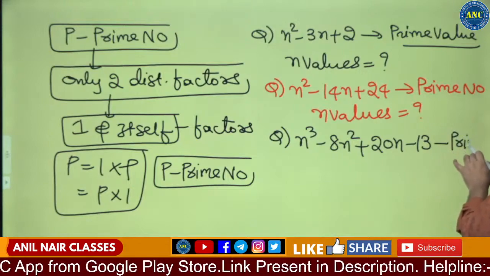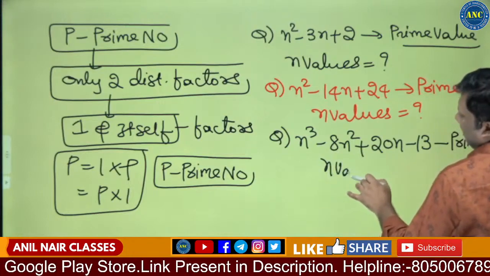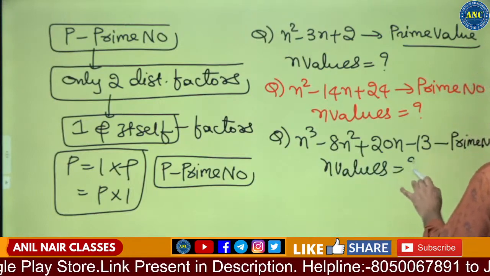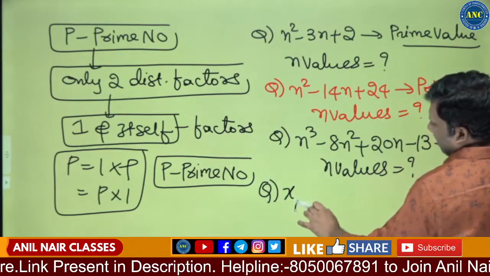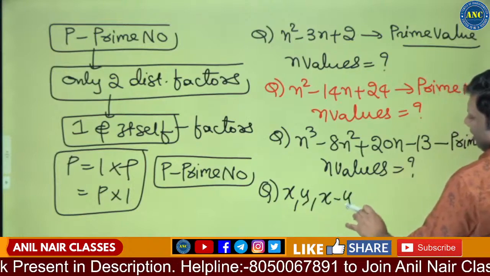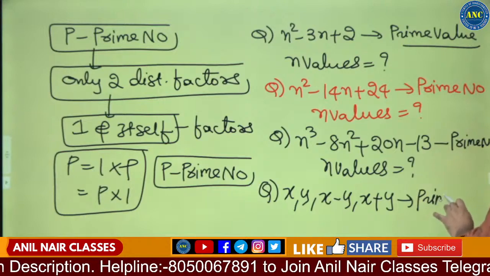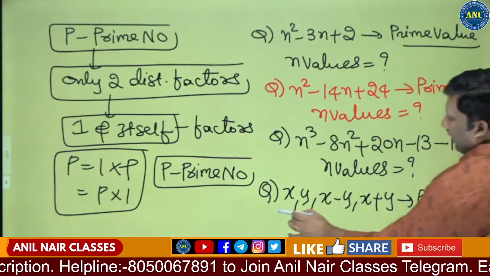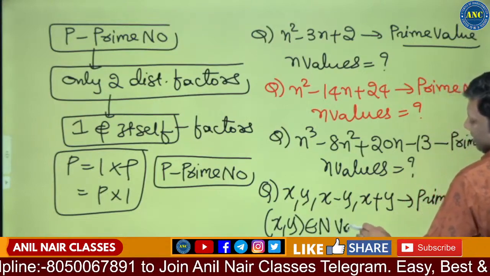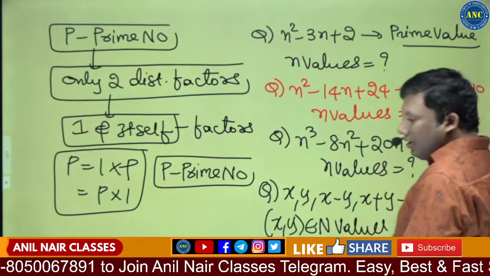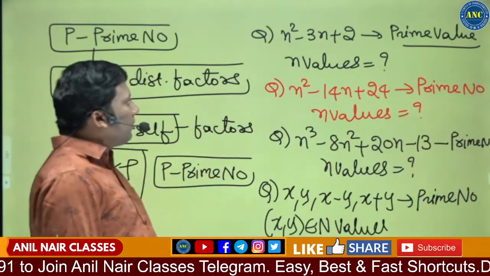If it has to result in a prime number, how many values will n take? Or without an expression: if you want x, y, x minus y, x plus y all to be prime numbers, how many natural number values will x and y take such that this quadruple x, y, x minus y, x plus y are all prime numbers?